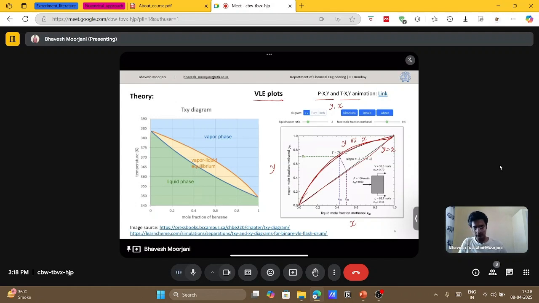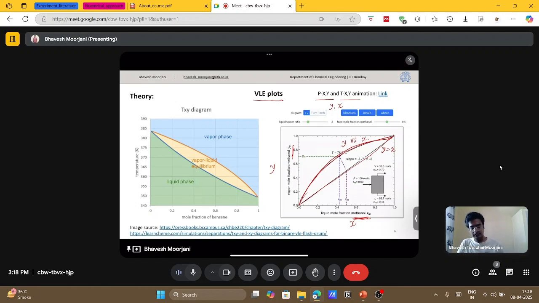These VLE plots are with respect to one component's mole fraction, and generally that one component is the more volatile component. Here this Yx data is for methanol. So you have the methanol mole fraction in the liquid phase and the methanol mole fraction in the vapor phase for different feed compositions.